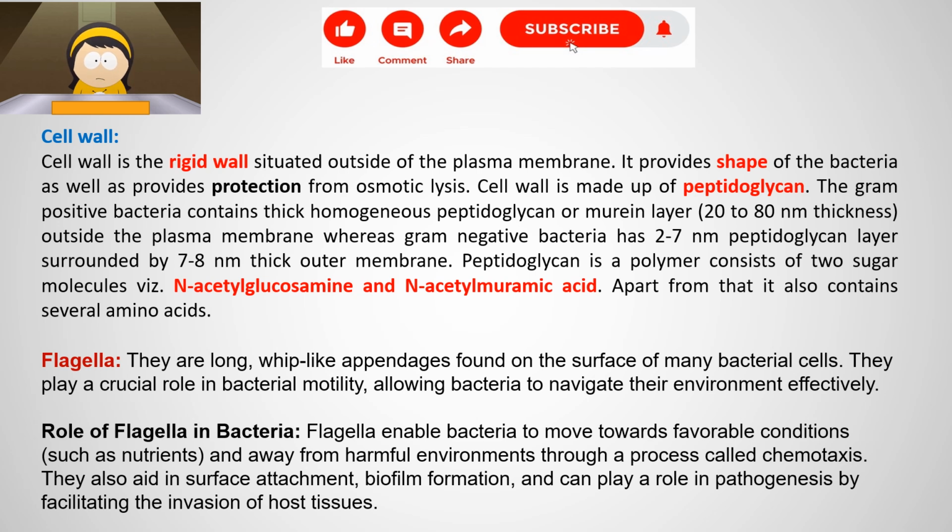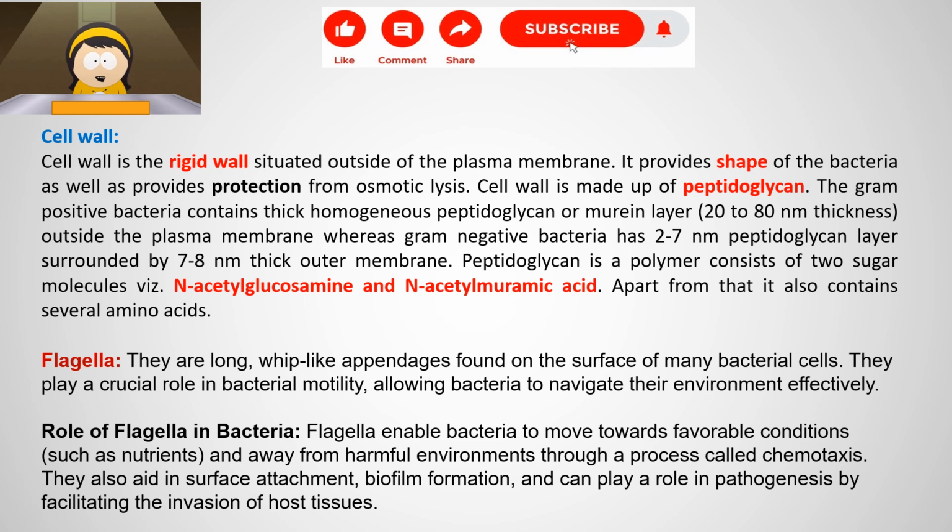Cell wall. Cell wall is the rigid wall situated outside of the plasma membrane. It provides shape of the bacteria as well as provides protection from osmotic lysis. Cell wall is made up of peptidoglycan. The gram-positive bacteria contains thick homogeneous peptidoglycan or murein layer, 20 to 80 nanometers thickness, outside the plasma membrane, whereas gram-negative bacteria has 2 to 7 nanometers.